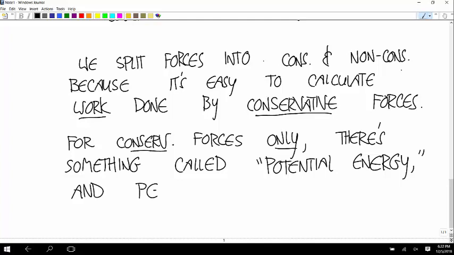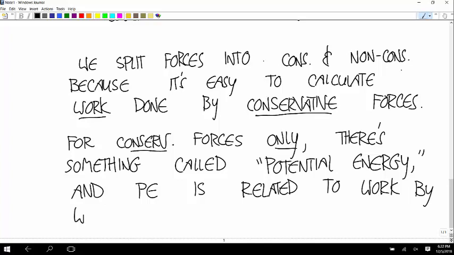This potential energy is related to the work by the relationship: work is equal to the negative change in potential energy.